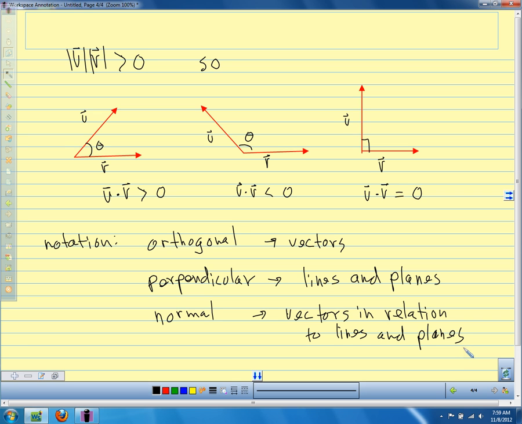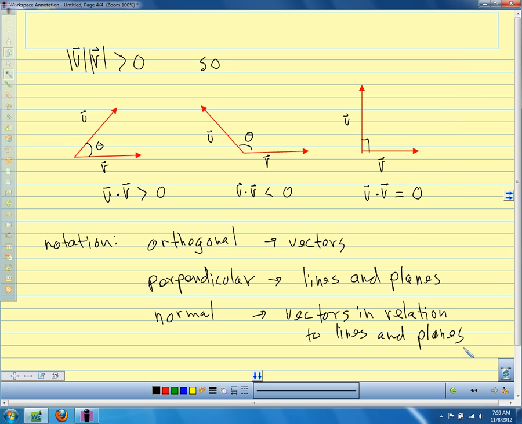We would say a vector is normal to a plane. And we'll work a lot with normal vectors next semester. But I just wanted you to be familiar with the different ways of referring to the different things. Like I said, it's not incorrect to say the vector is perpendicular to the plane. It's just common usage. We would say the vector is normal to the plane. The vectors are orthogonal to each other.